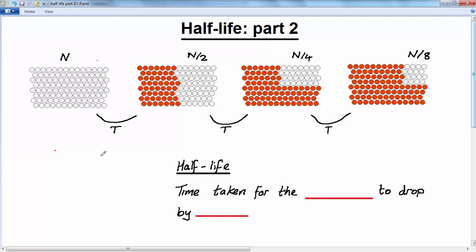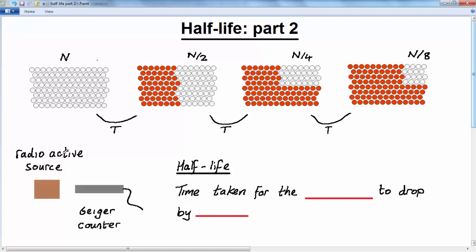Let's just attach some figures to this to help make it clearer. Let's just say, for the sake of argument, that in our imaginary sample here we measure the decay rate. To do that, we're going to use a Geiger-Müller tube or a Geiger counter. So we've got our radioactive source, our radioactive sample here, and the Geiger counter is going to measure the rate at which it is decaying.